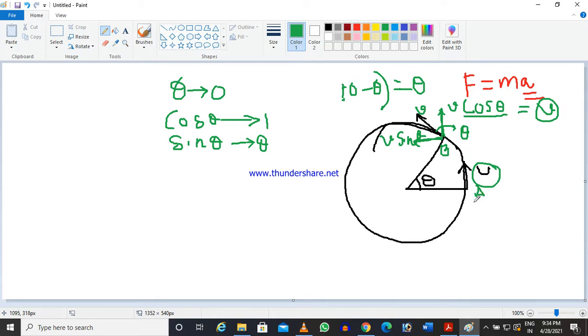So at the initial position the velocity was v, and at the final position the vertical component is again v. So there is no change of vertical component, only the horizontal component got changed. At position A there was no horizontal component. When it reached position B, there is a horizontal component equal to v sin theta. As I told, if theta tends to 0, then sin theta tends to theta, so v sin theta is approximately equal to v theta. This is the change of velocity.